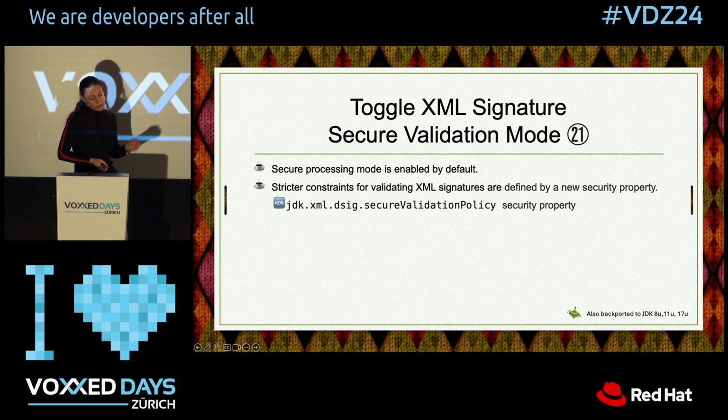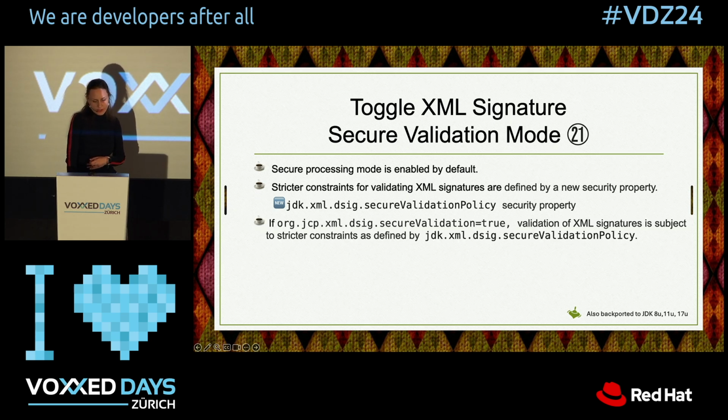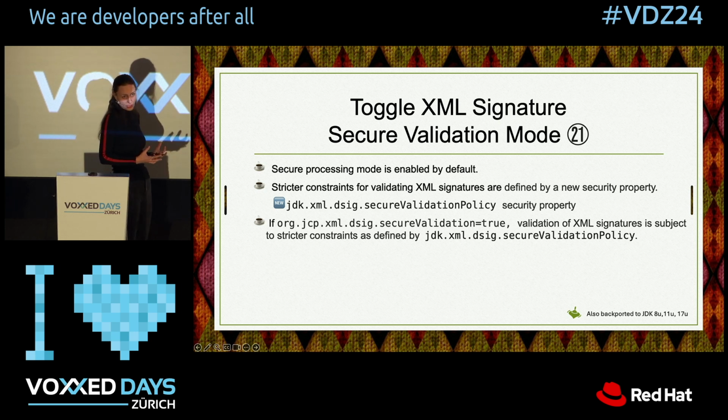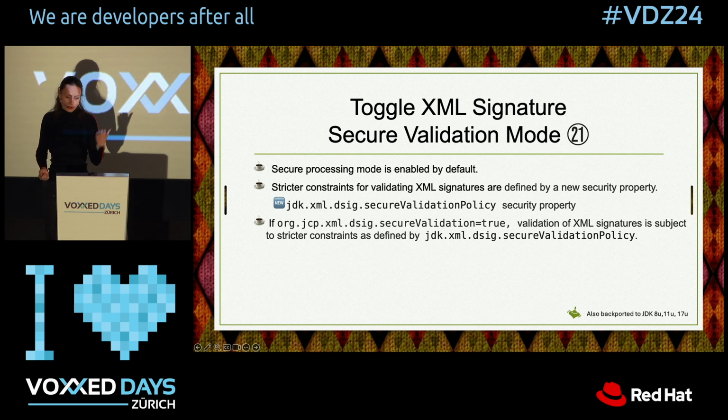And you have a few policies to do that. In this case, it's the jdk.xml.dsig.secureValidationPolicy. So if you're setting that one to true, this means that validation of XML signatures will be subject to stricter constraints as you define them in the secure validation policy for XML signatures.